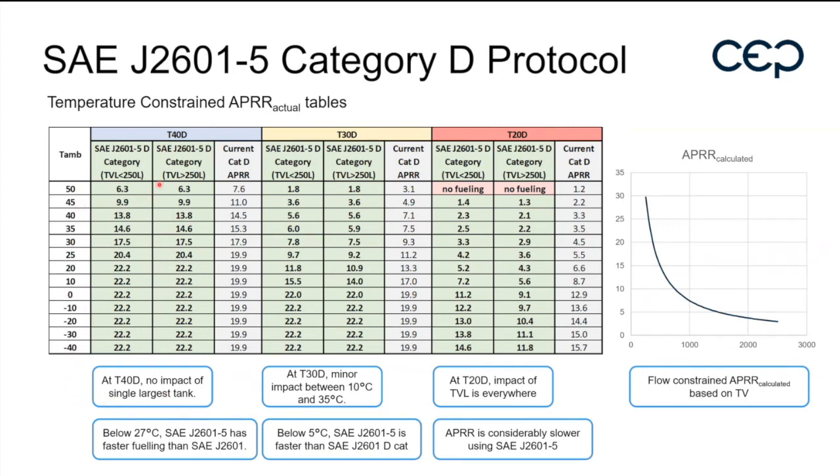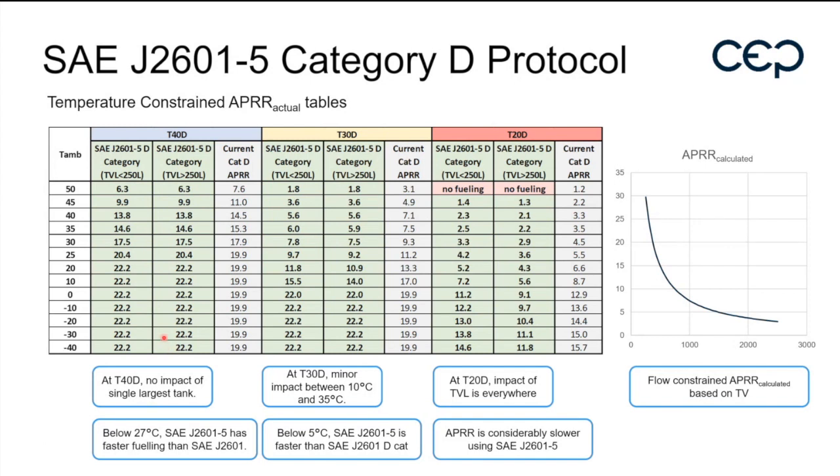So as you can see here, the table for T40D, there is no difference between a single tank below 250 or above 250. So these two APRRs are identical. Of course, target pressure might change, but APRR is no difference.